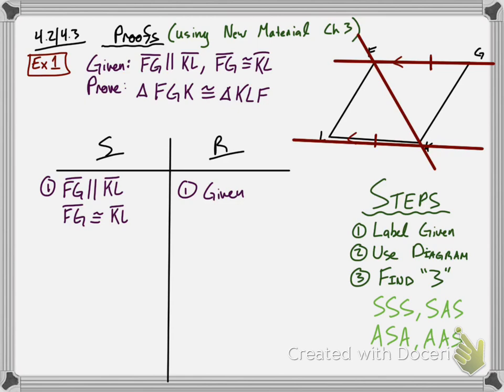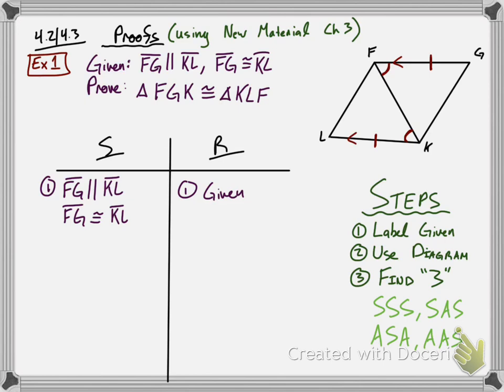And what we are able to say is that these two angles here that are alternate interior are congruent to one another using our alternate interior angles theorem. So I'm going to clean this picture up a little bit and add in our marks.